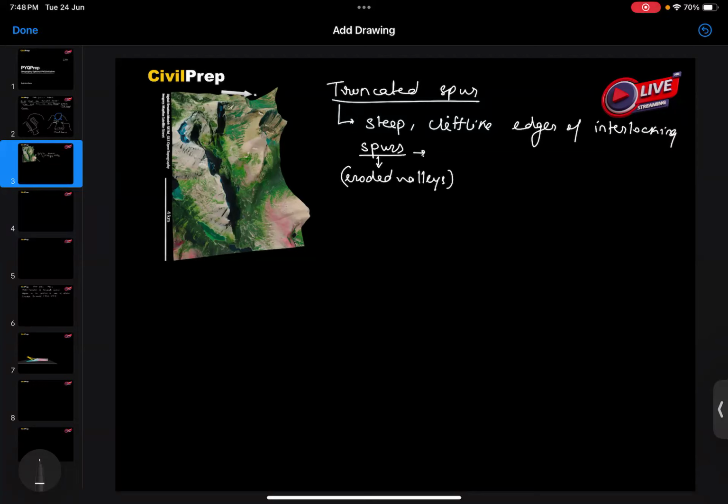The spurs have been cut sharply by glaciers.